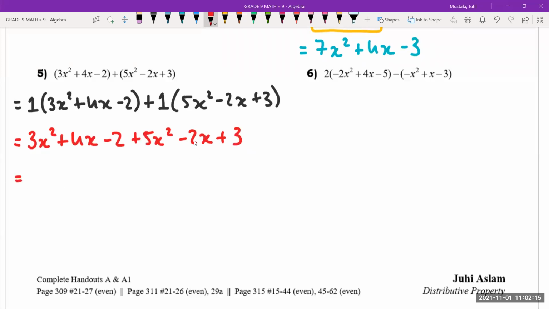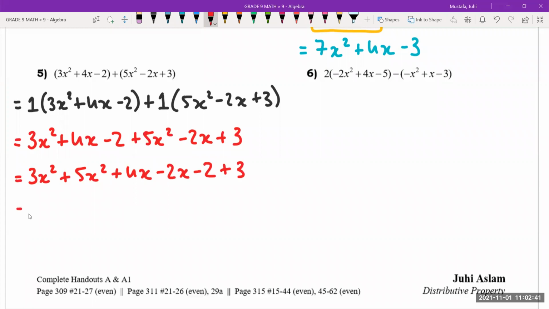What else can we do? Do you guys see any like terms? Julia, do you see any like terms? Good. Yep. Good.